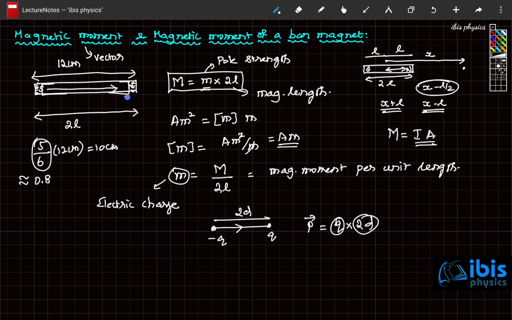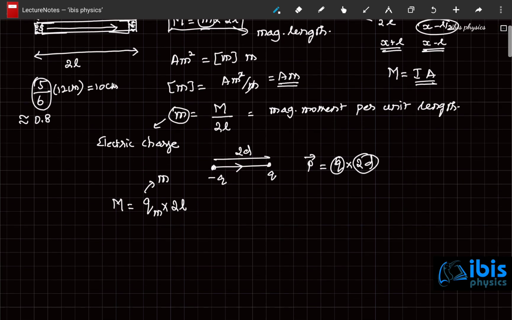Similarly, the pole strengths of the north pole and the south pole are equal and opposite. So the pole strength acts as a magnetic charge into 2L. So we can write magnetic moment as magnetic charge into 2L. This magnetic charge is only called pole strength. So this is one interpretation.